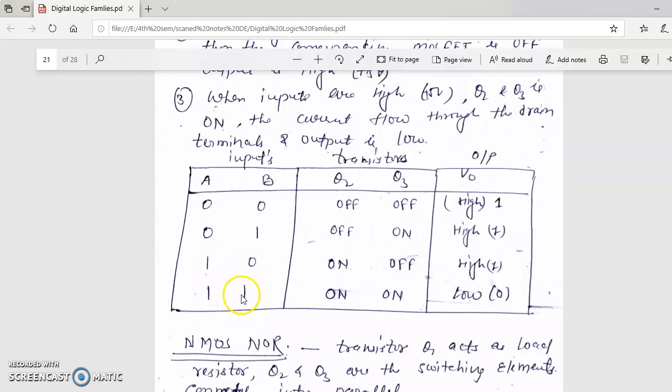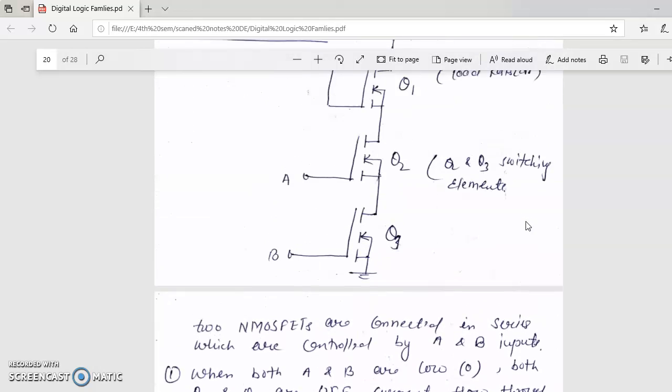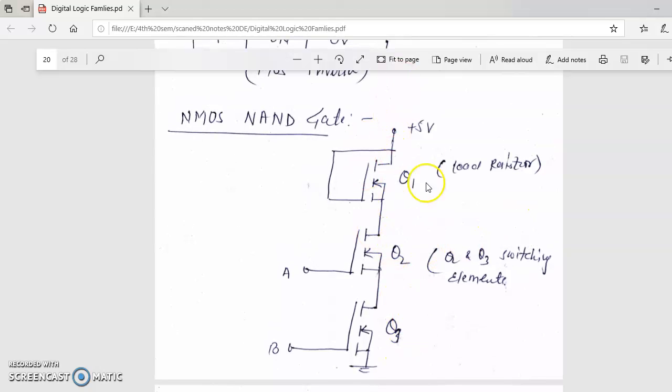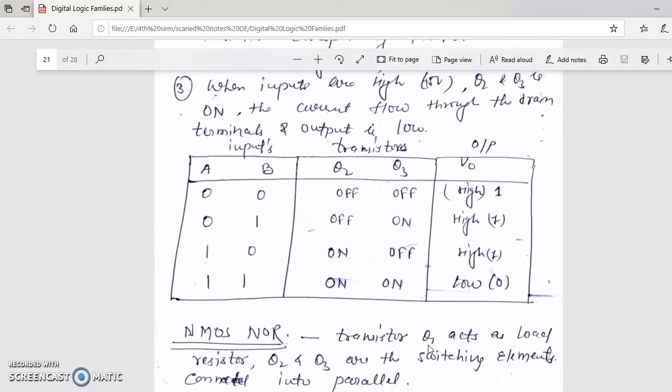And if we apply both high logic, then both MOSFETs turn on and we get logic 0 level. So the output of this table indicates the output of a NAND gate. So this circuit acts as an NMOS NAND gate.